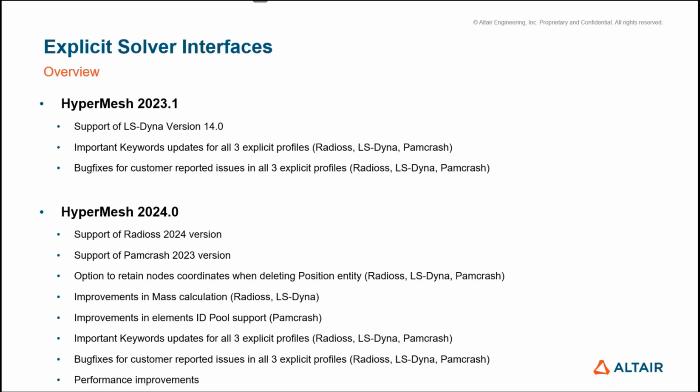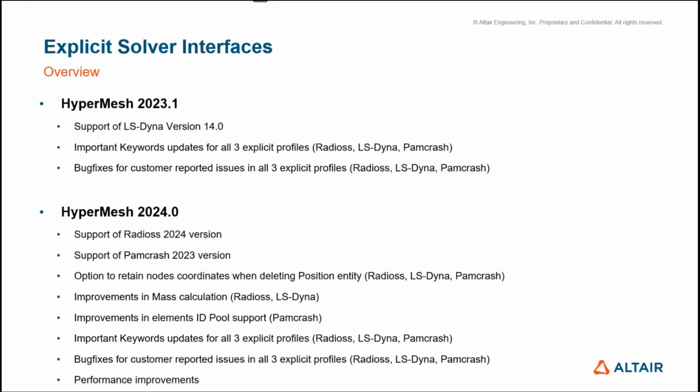We have worked also on important keywords updates for the 3 explicit profiles, as reported mainly by customers, and also bug fixes. And as part of the 24.0, we have done a little bit more with the addition of the Radioss 24 version, the PAM-Crash 23 version.